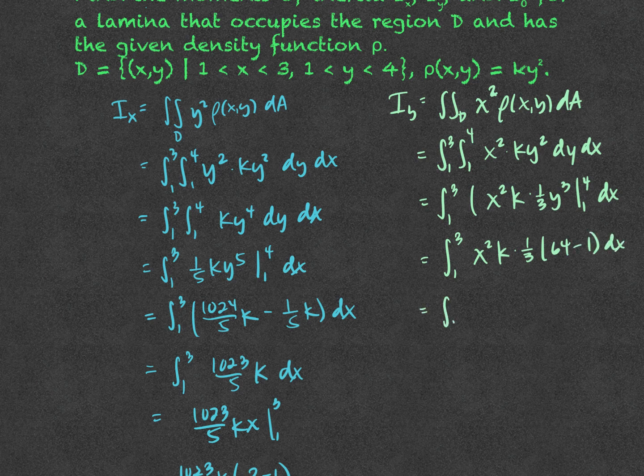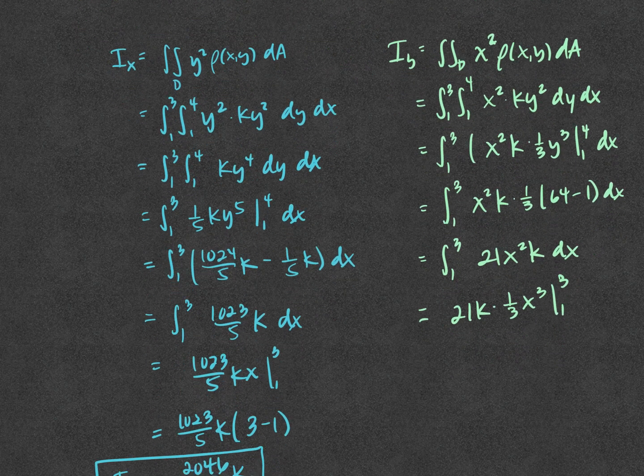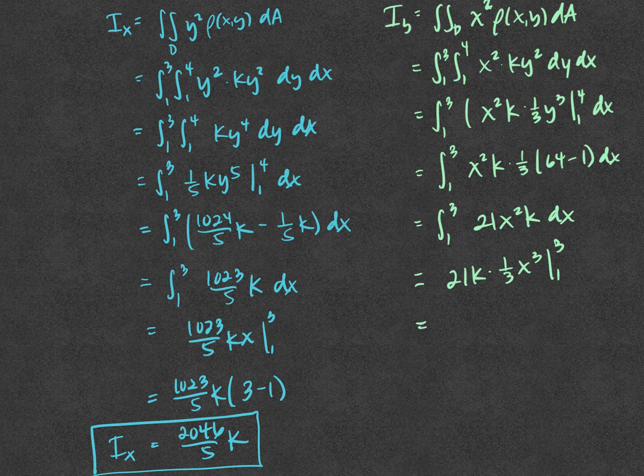So when we clean this up, we have 64 minus 1 is 63, divided by 3 is 21, x squared k, and then we're going to integrate with respect to x. So we're going to keep the 21k, and when we integrate x squared, we get 1/3 x to the third from 1 to 3, and so we have 21k times 1/3. Let's make that 7k.